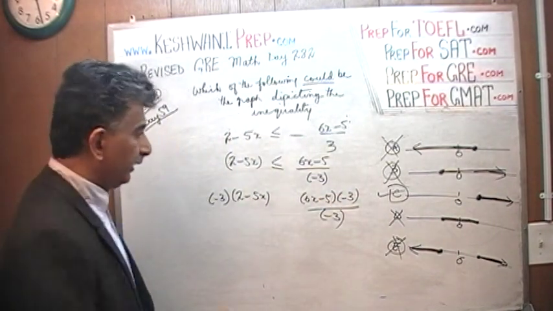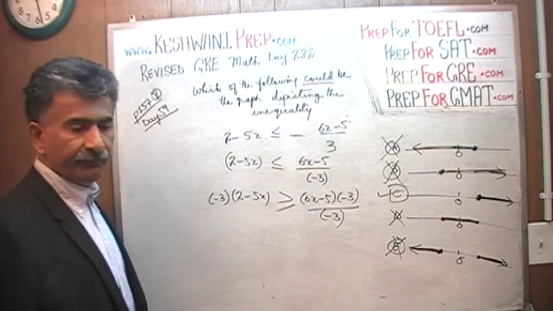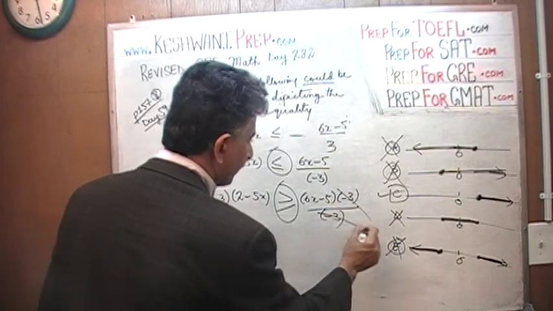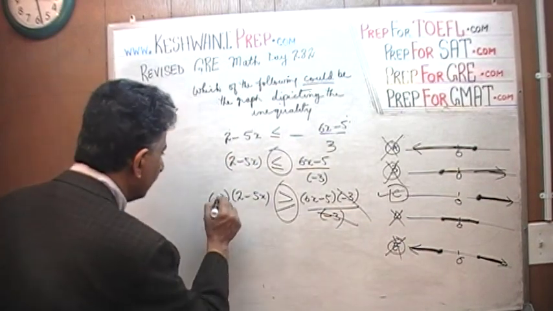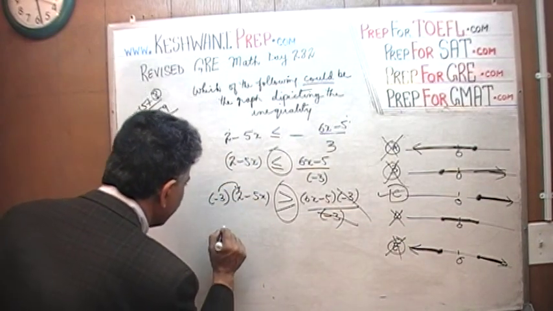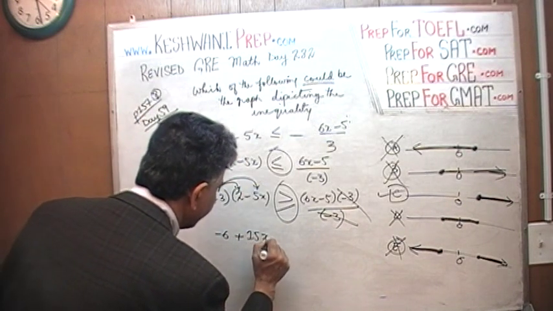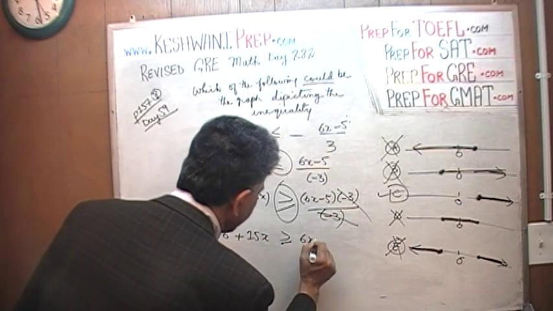And as soon as we do that, we make the switch right away. From less than, it becomes greater than. And this negative drops out, the same as before. So now we multiply by negative 2, so we get negative 6. Negative 2 times negative 5 is positive 15x, which is greater than or equal to 6x minus 5.